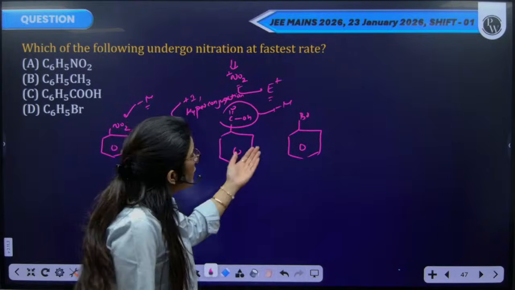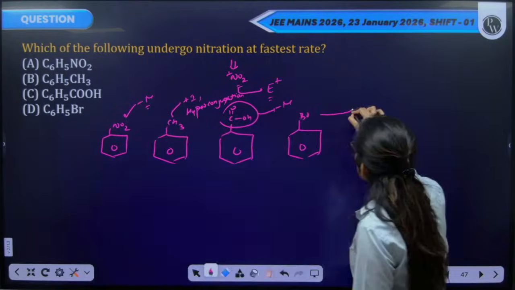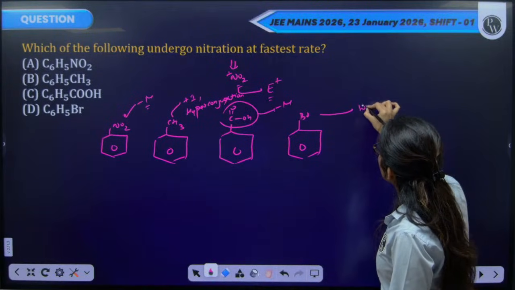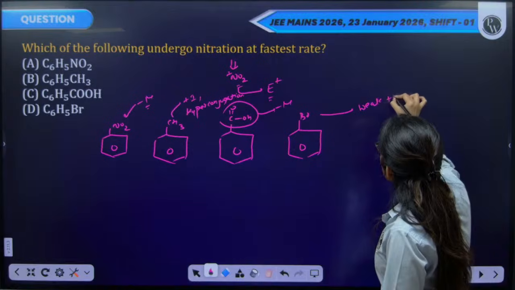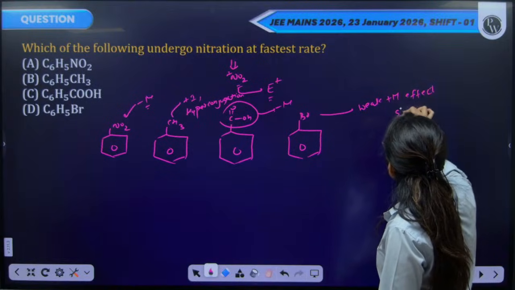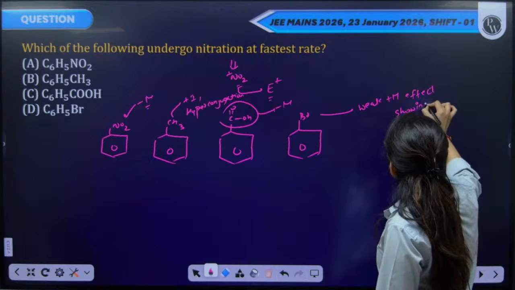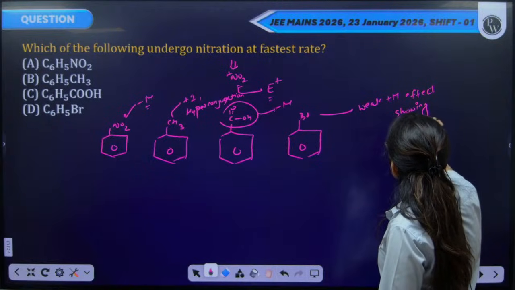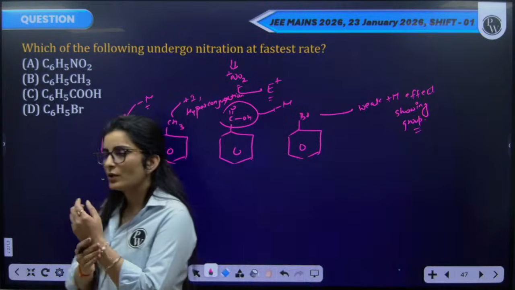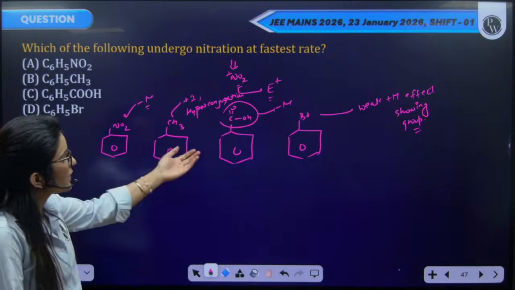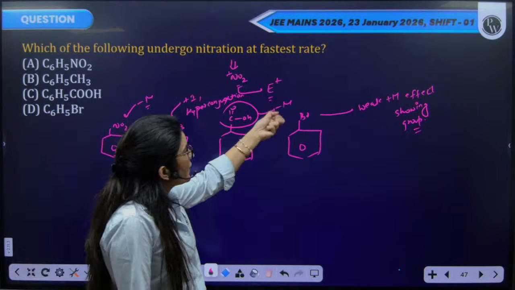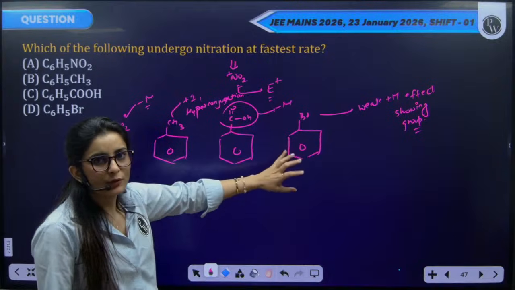And if I talk about the bromine, it is a weak plus M effect showing group. Though it can show plus I effect, these groups are weakly plus M effect showing, so they won't be able to increase that much electron density over the benzene ring.